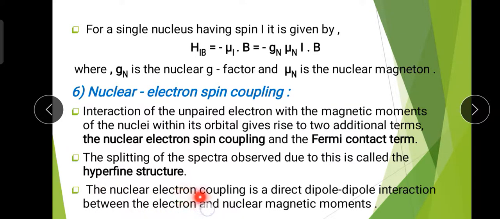The nuclear electron coupling is a direct dipole-dipole interaction between the electron and nuclear magnetic moments. That means the nuclear electron coupling gives rise directly to the dipole-dipole interaction between the electron and nuclear magnetic moments.